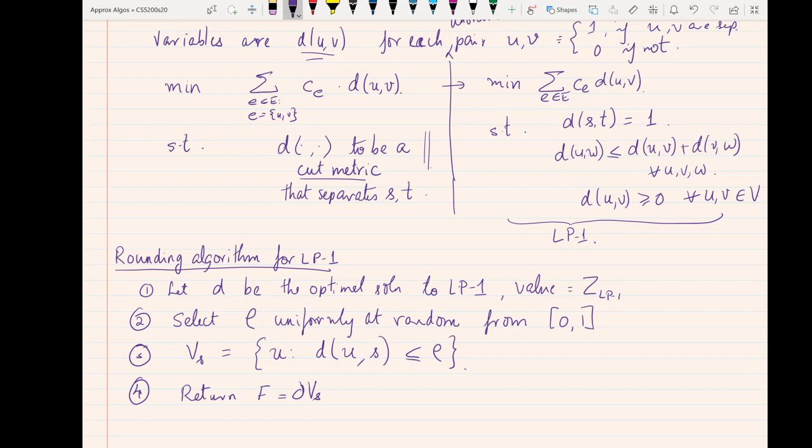So the V_s here is nothing but a ball of radius rho around the point s when viewed as part of the metric space. And the ball is with respect to the distance function d that is output by the LP.